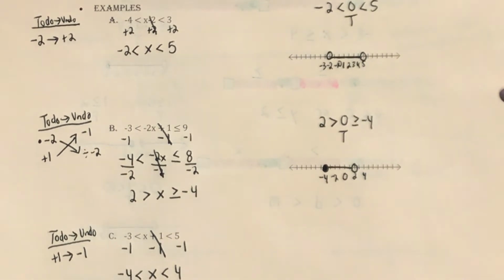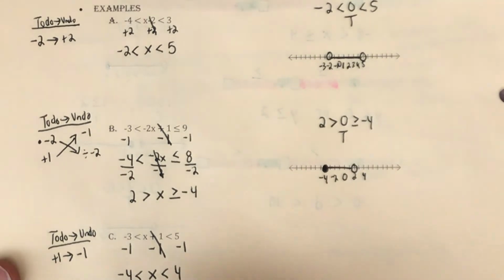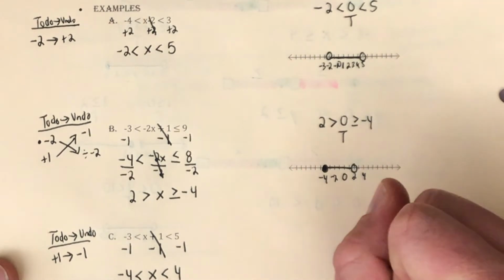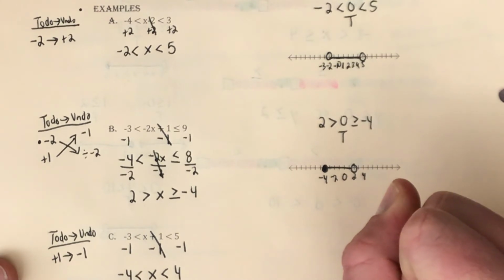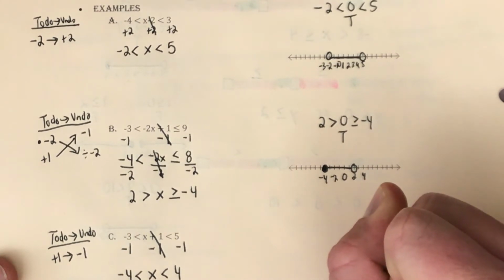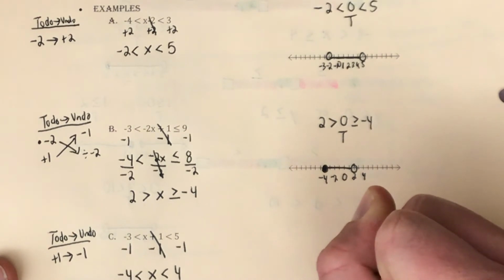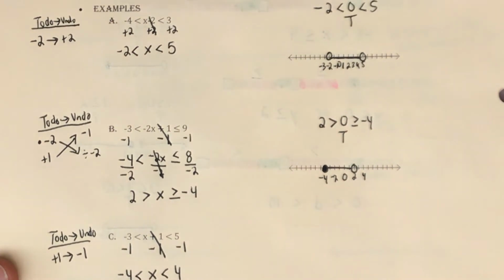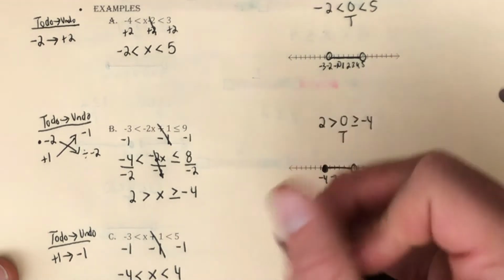All right, well, I've simplified my compound inequality, so now I need to graph it. So let's go in. I've got negative 4 and 4, so I'm going to start with the number 0, count by 2's, so 1, 2, 3, 4, negative 1, negative 2, negative 3, negative 4. And then I need to draw my circles at negative 4 and 4.